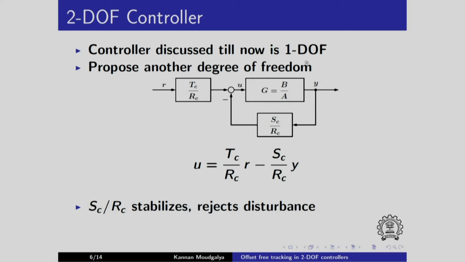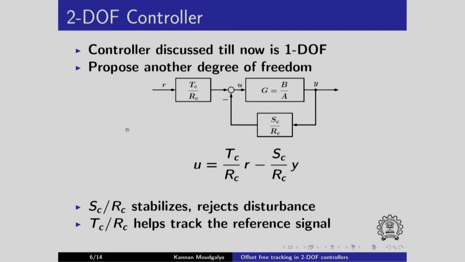It also rejects disturbance that can come through Y, whereas the other block Tc by Rc helps track the reference signal. This is known as a 2 DOF controller, 2 degrees of freedom controller.